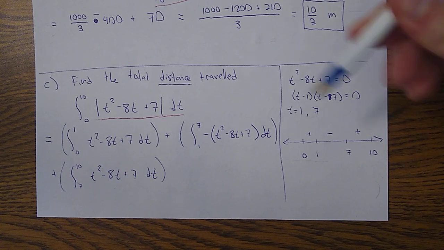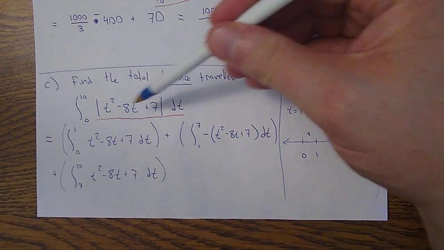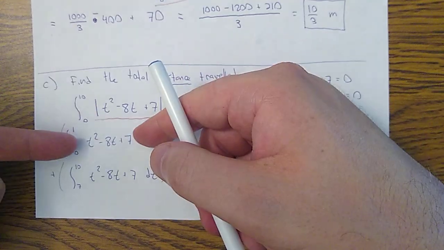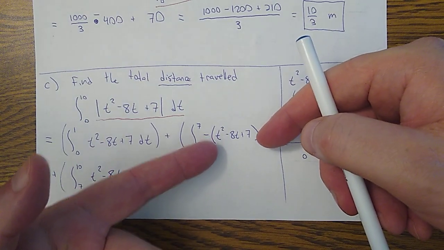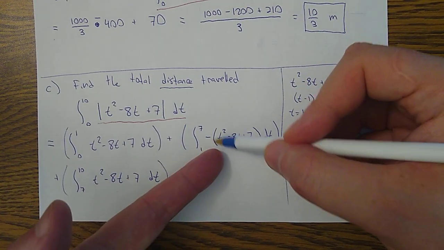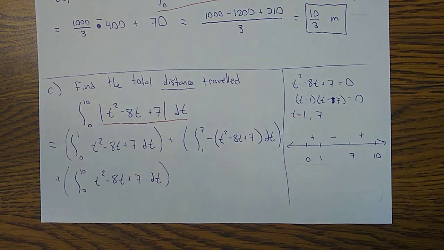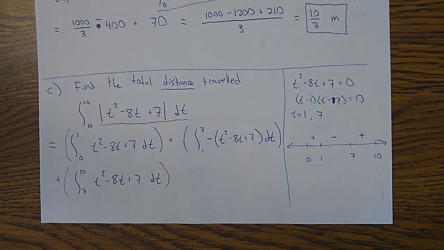You break it into pieces, and on some of those pieces it will be positive, in which case you just lose the absolute values, and other pieces like this one, it will be negative, in which case you use parentheses and put an extra negative sign, and that extra negative sign is what makes it positive. Okay, and I did not leave myself enough space, so let me give myself another piece of paper. So I have to figure all these things out.